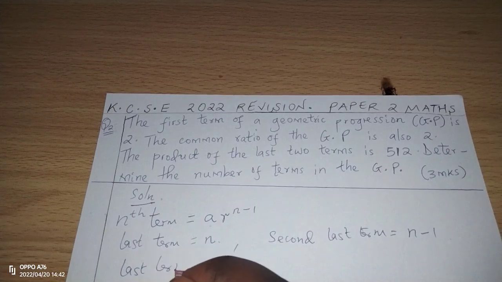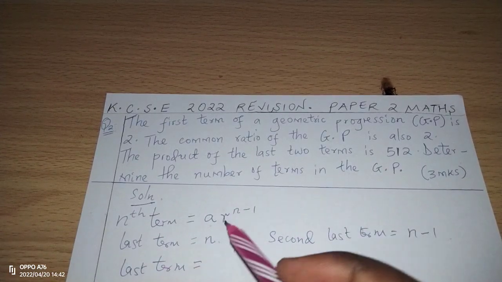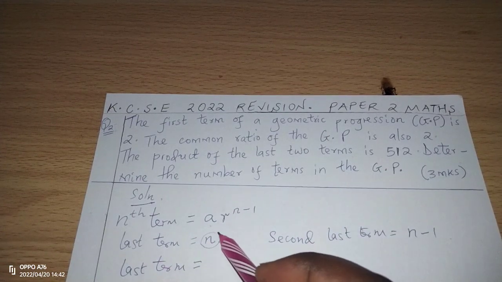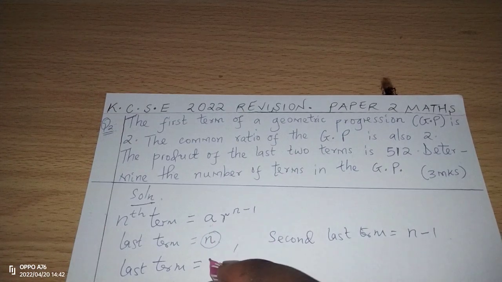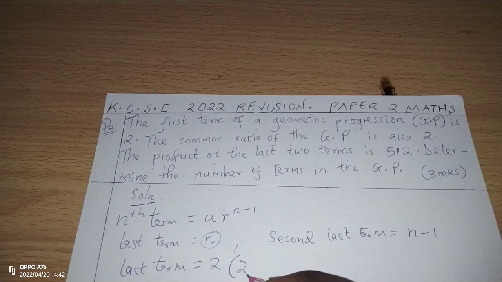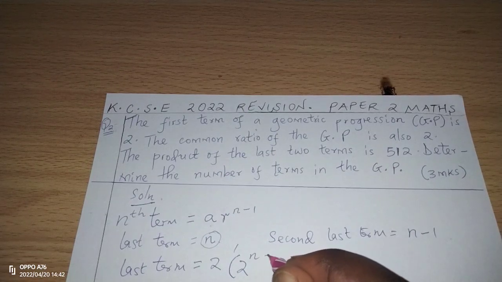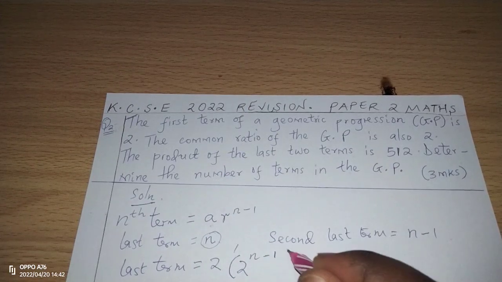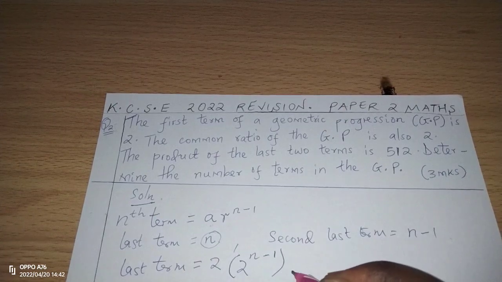The last term is given by the first term, which is 2, multiplied by r, which is 2, raised to n minus 1. Remember, the value of n is unknown.